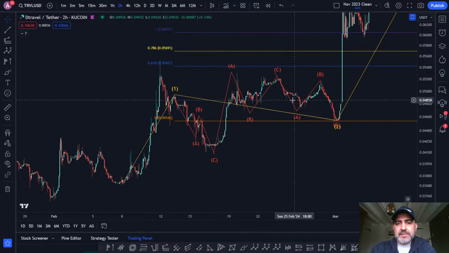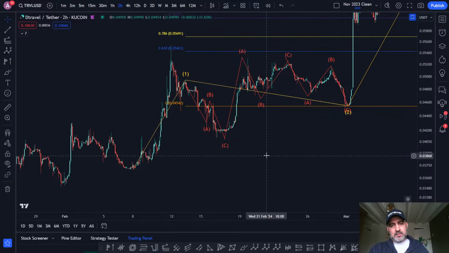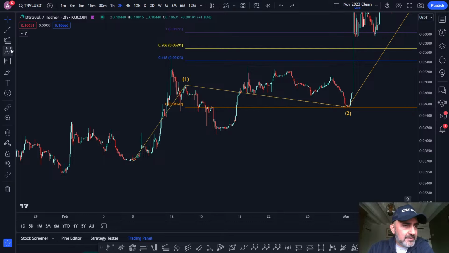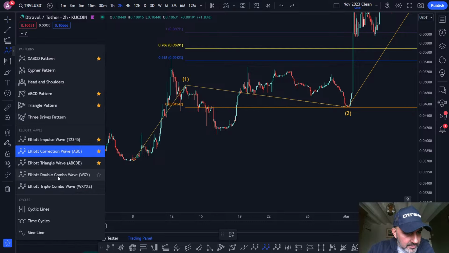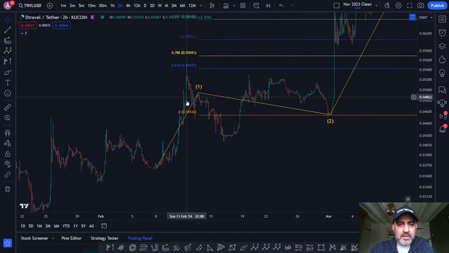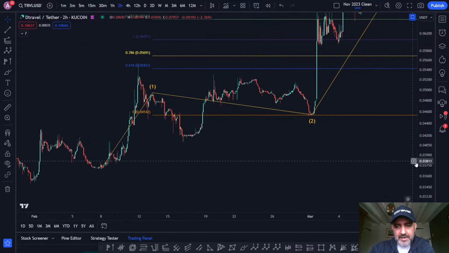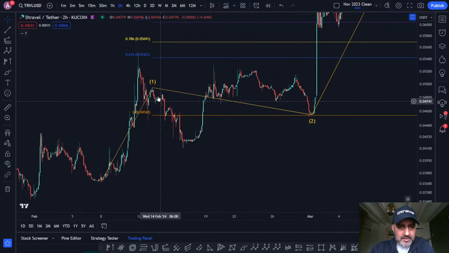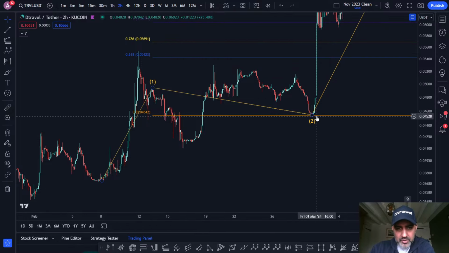That's kind of what it is. So there's something here called the WXY. That's basically what I'm saying. But anyway, there's no reason to map it out because it looks like a correction, and the point we're trying to do is find out where the 2 begins.